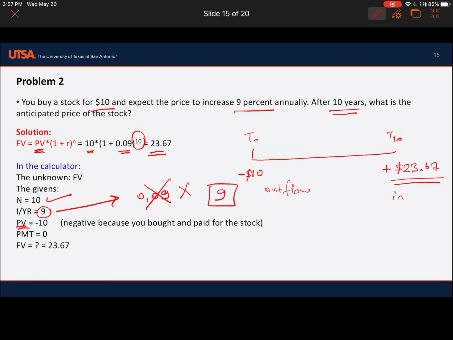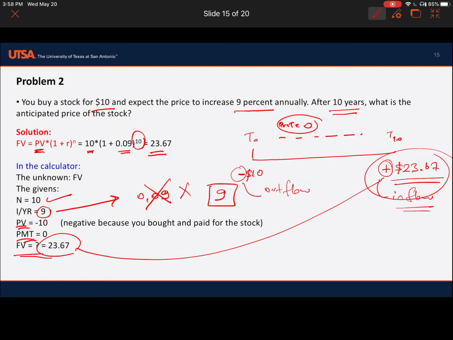This is inflow. That's why it's plus. Payments, you don't have any payments here. No payments, zero. And the future value is $23.